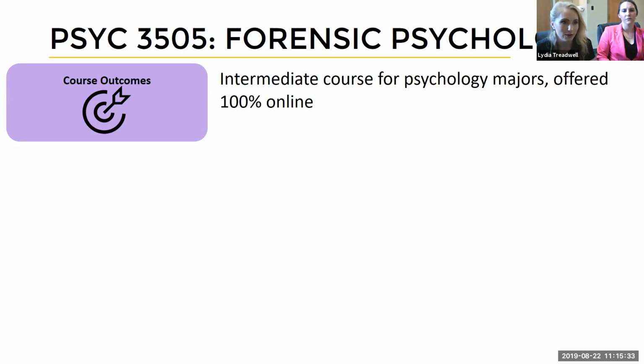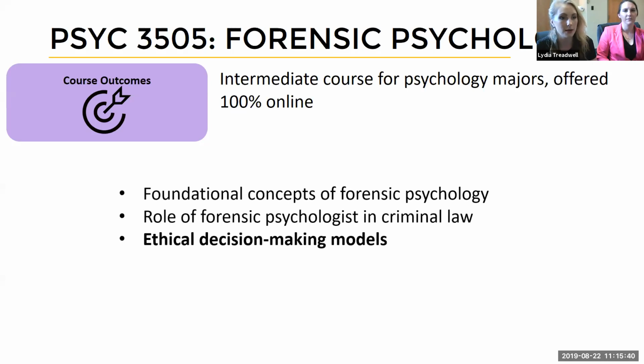And you just listened to what I told you about those broad goals, that final destination of the course. And these are the different concepts that you listed. So you want them to have an understanding of foundational concepts of forensic psychology, the role of the forensic psychologist in criminal law, and then one thing that you would absolutely be ashamed of if a student walked out of your class having made an A and wasn't able to demonstrate an effective understanding of was ethical decision-making models within the field of forensic psychology.